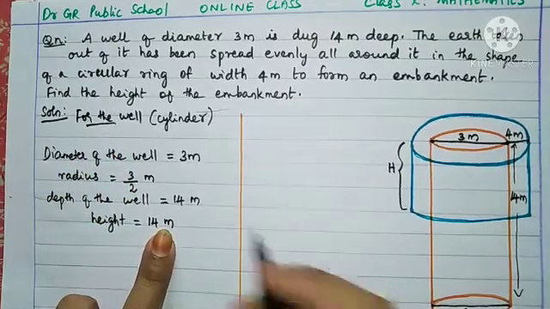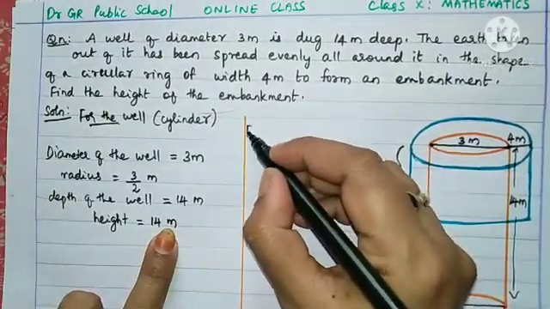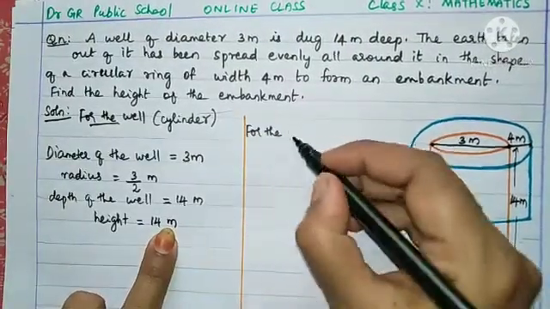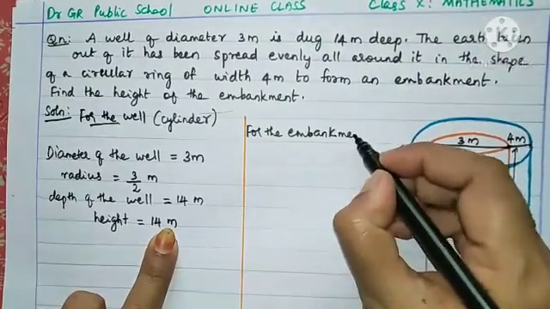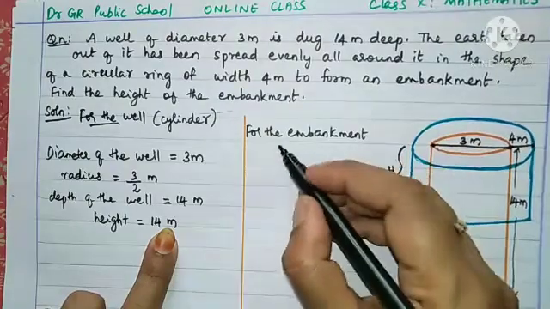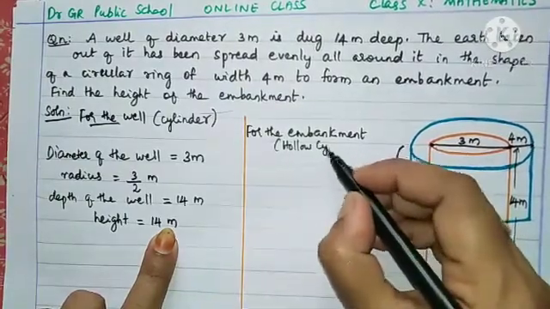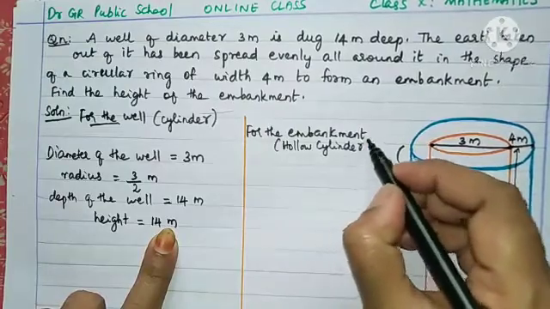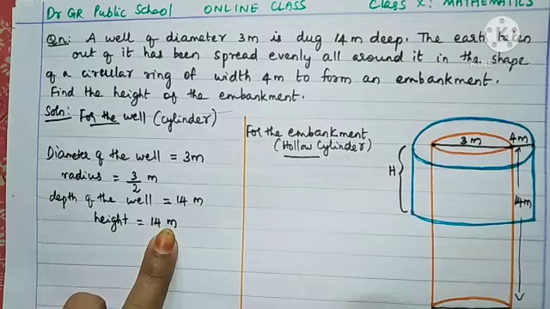Now we are writing the dimensions of the embankment. For the embankment, we can write the required items. The embankment is also a cylinder, but it is a hollow cylinder. Okay, hollow cylinder. So the given things we can write down.